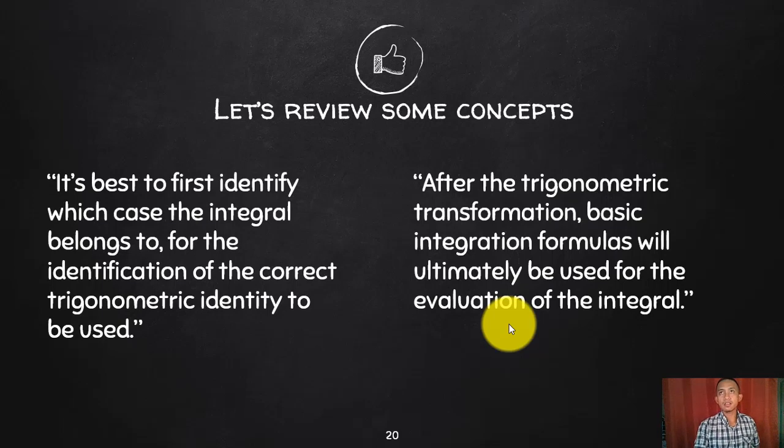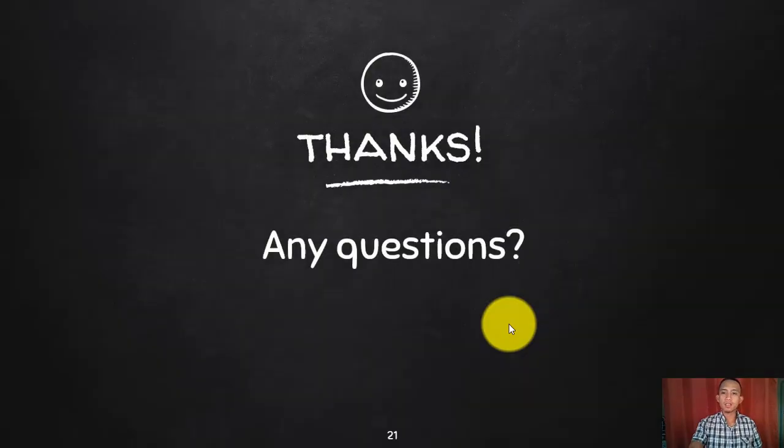Again, this technique is for when your trigonometric function is not integratable alone by direct formulas, what we are going to do is transform, using again identities. Okay, so thank you very much.